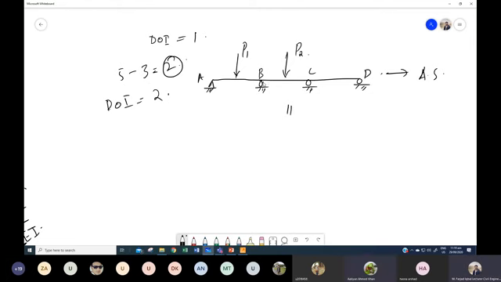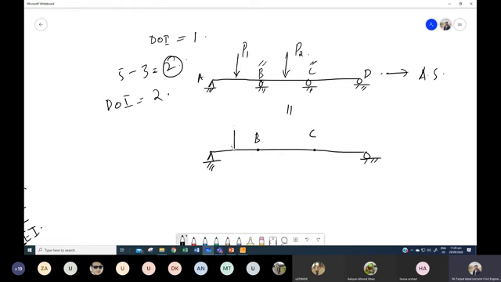So let's suppose we will take the support B or the reaction at B and C as redundant. So what will we do in the primary structure, just like we used to do in the previous problem? We will remove these two reactions, one at point B and one at point C, and the other two reactions will remain the same.